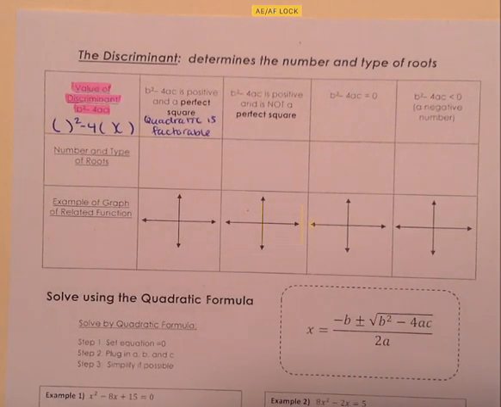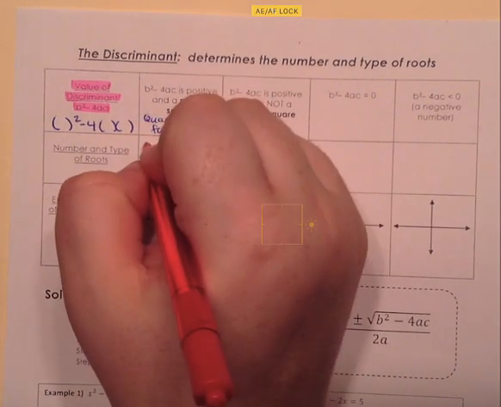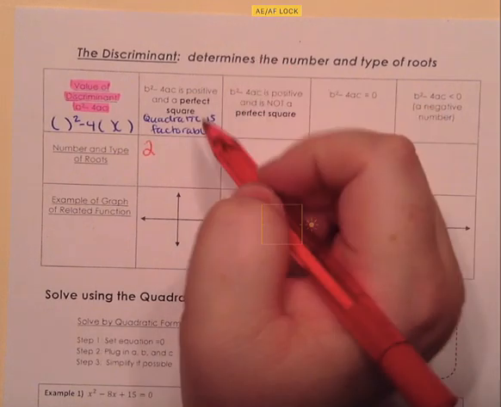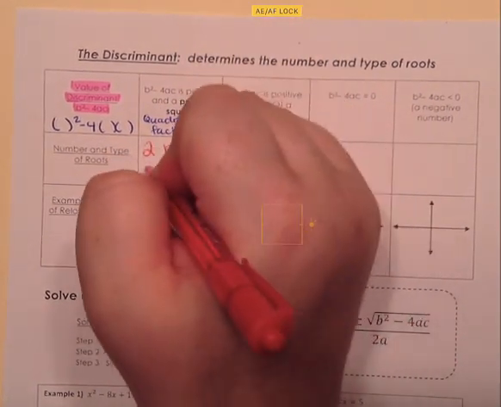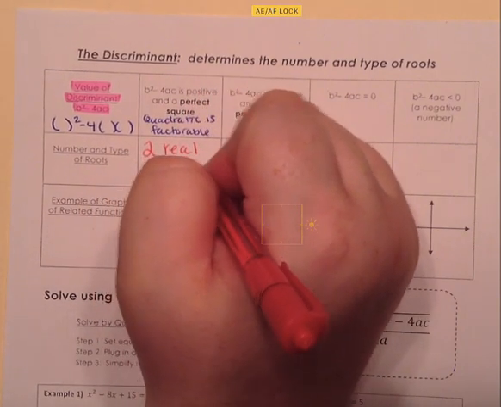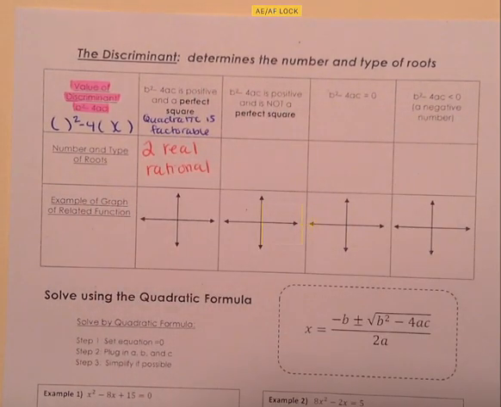So you're going to actually end up with 2. And because it was factorable, you're going to end up having 2 real and rational. 2 real rational. Because you could have factored it. Because you'll have nice, clean answers. You can solve for them easily. 2 real rational.